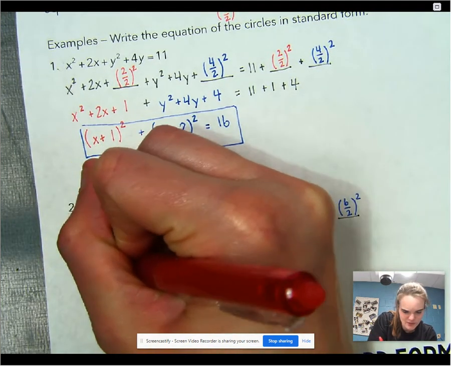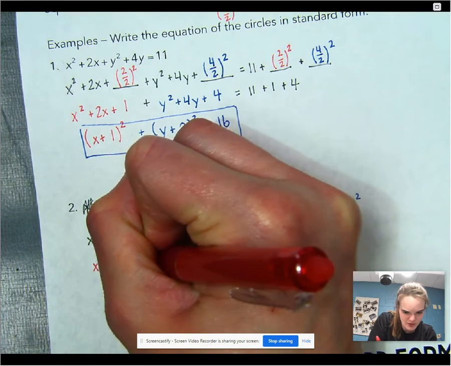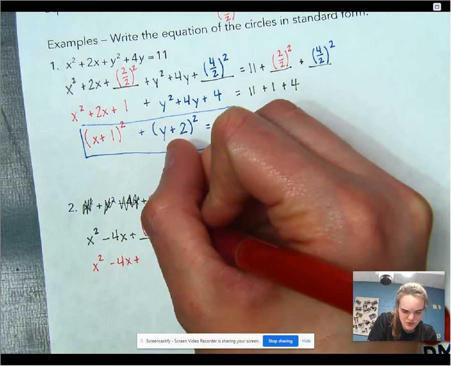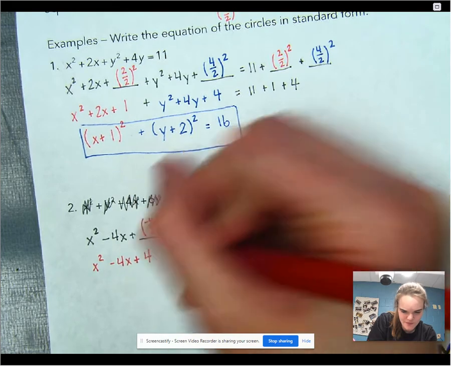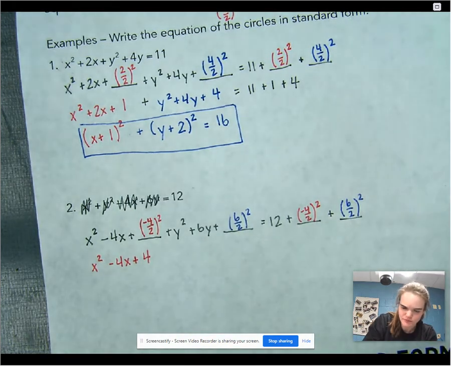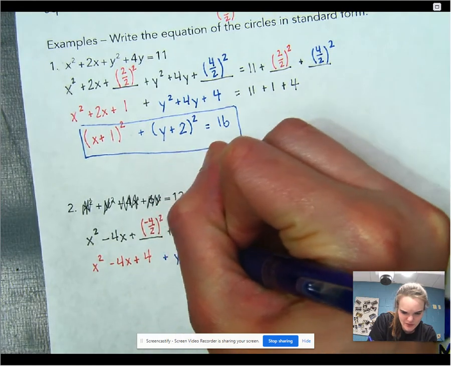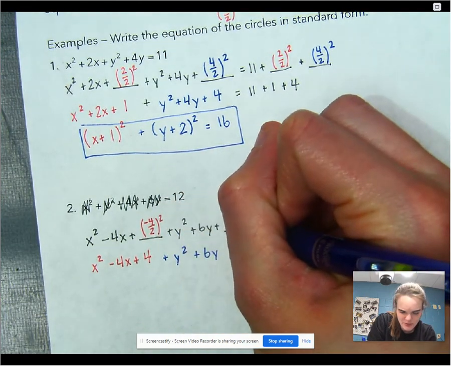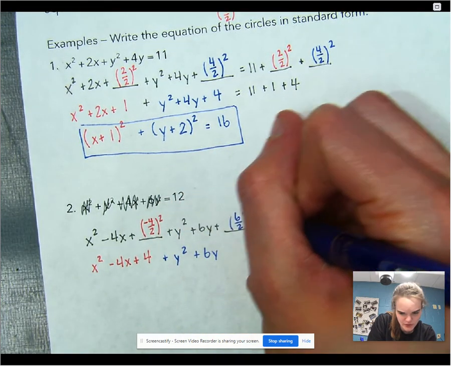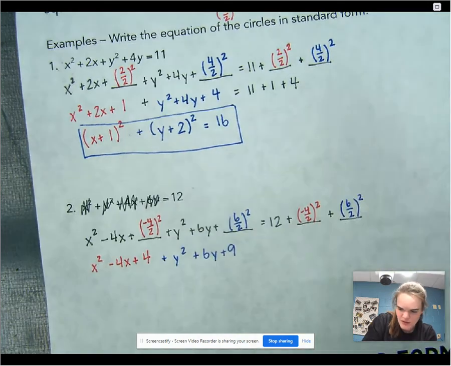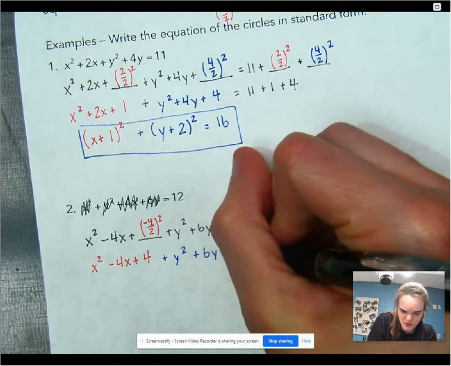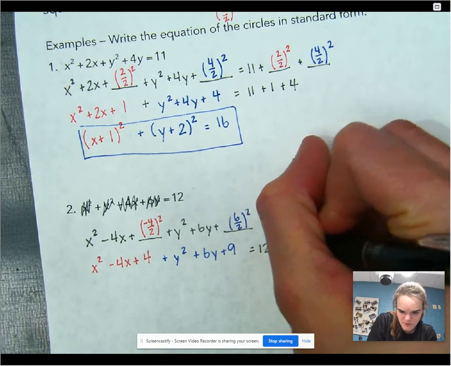X squared minus 4x plus -2 squared is 4, plus y squared plus 6y. 6 divided by 2 is 3. 3 squared is 9. And that equals 12 plus 4 plus 9.